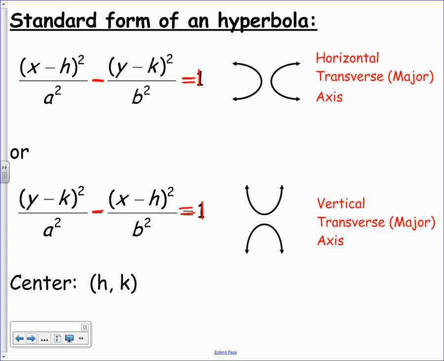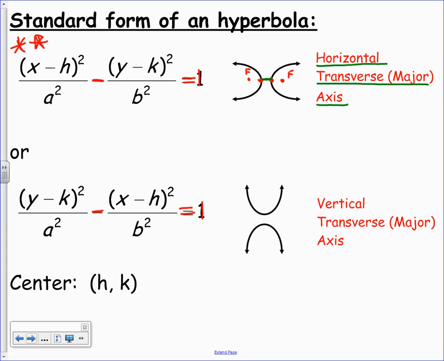Over here, X is coming first, and you're going to be focusing in the X direction. There's a vertex, and then your focus would be inside of there. It talks about a horizontal transverse axis. This is that horizontal transverse axis that they're talking about.